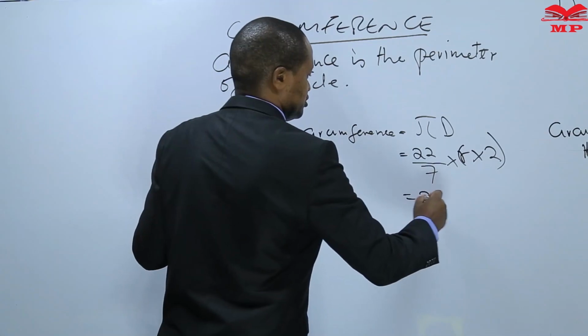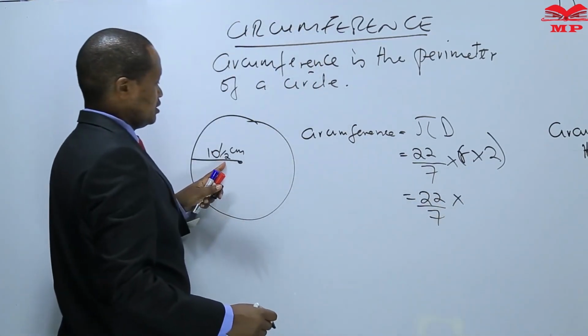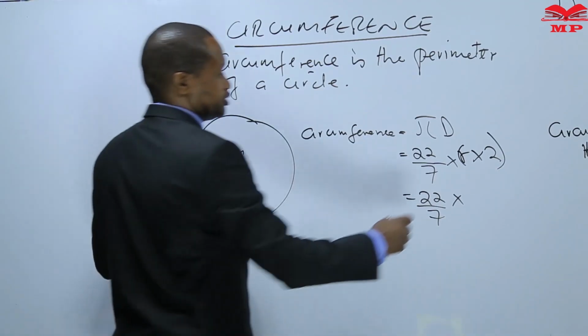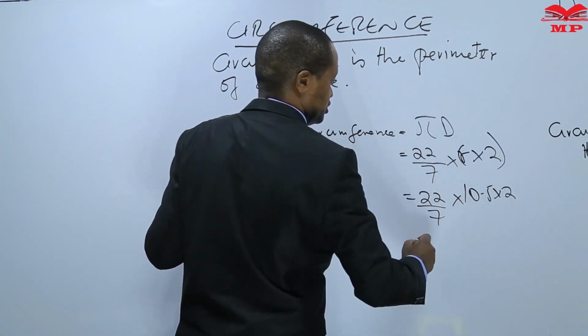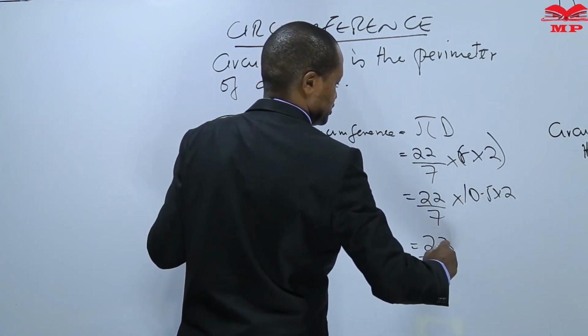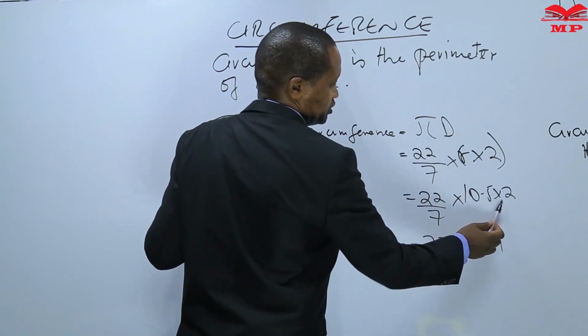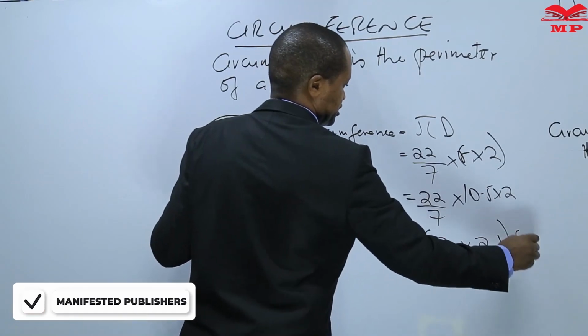We know the radius is 10.5, so 10.5 times 2 is 21. This will be equal to 22/7 times 21, and these are in centimeters.